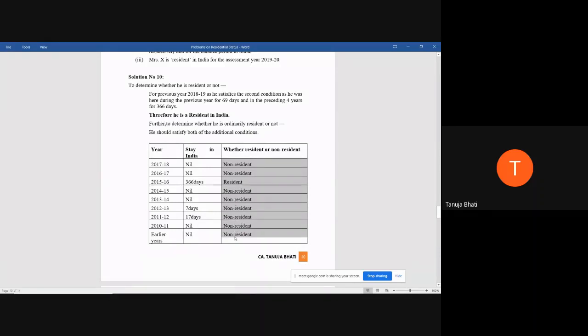Now, is he satisfying the first additional condition? First additional condition says that out of 10 years, 2 years at least he should be a resident. Now, out of 10 years, only 1 year he is a resident. So is he satisfying the first additional condition?